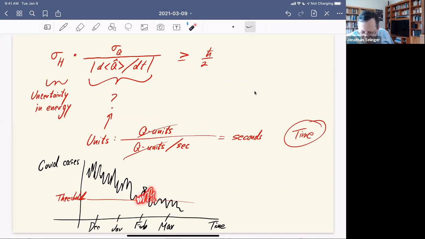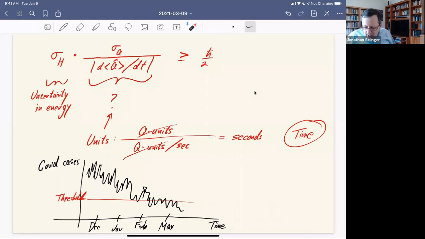It's going up and it's going down. How precisely we know it depends on both the uncertainty in what the COVID case rate is now and how rapidly it's changing.